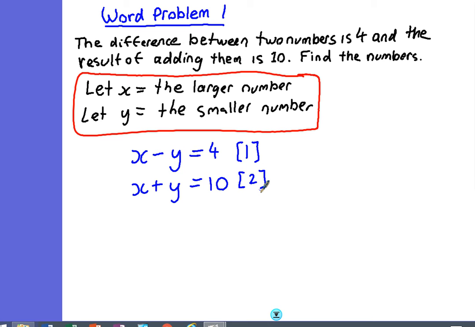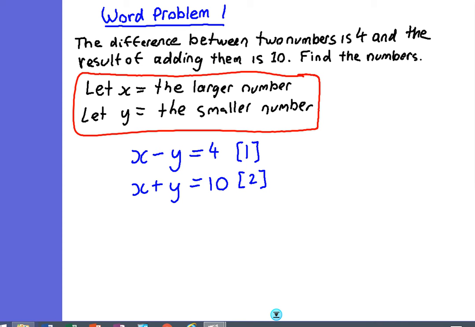Now we're going to go in and do some working. First thing to do now is to work out what method we should use. We're going to choose here to eliminate y by adding the two equations.